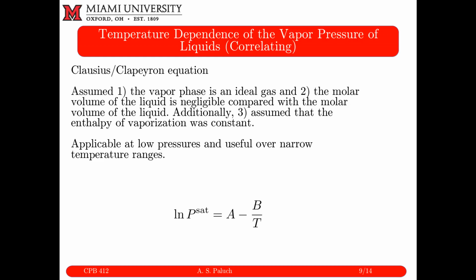And so we'll find that use of the Clapeyron equation is going to be useful at low pressures and over narrow temperature ranges. Low pressures, where this ideal gas approximation is good, and then over narrow temperature ranges, in the limit that delta T goes to 0, this delta H of vaporization is constant approximation becomes essentially exact.